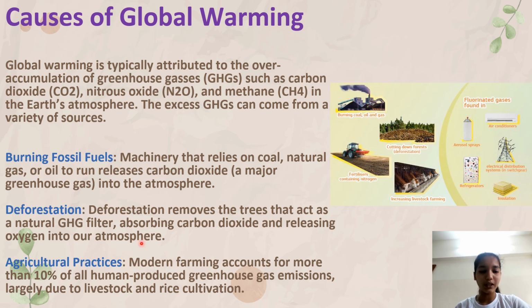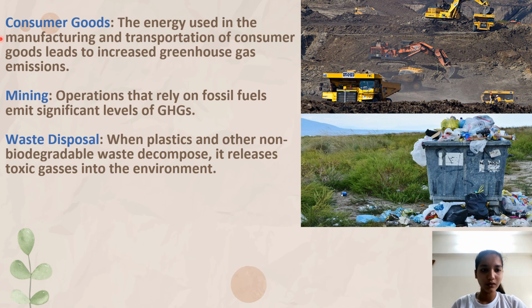Agricultural practices. Modern farming accounts for more than 10% of all human produced greenhouse gas emissions, largely due to livestock and rice cultivation. Consumer goods. The energy used in manufacturing and transportation of consumer goods leads to increased greenhouse gas emissions.